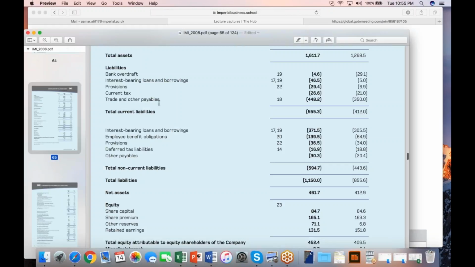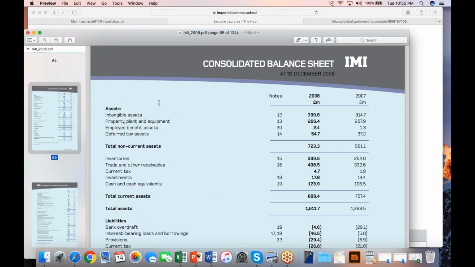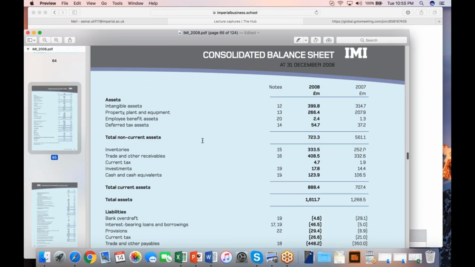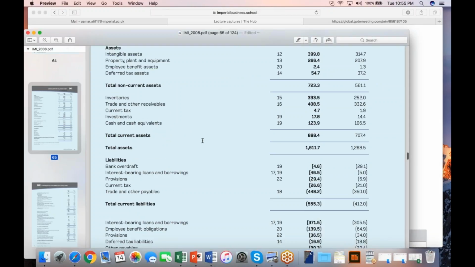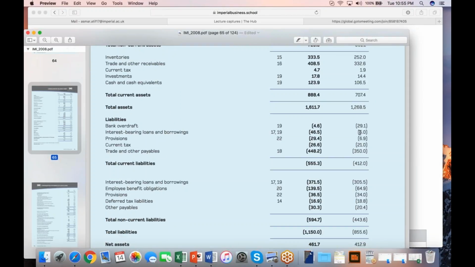Your ability to check the debt-to-equity ratio is whether you can pay your long-term borrowing or not, or whether you have enough equity to pay. So why are we taking short-term? She mentioned here that if you see the current liabilities in IMI, in 2007 it was only 5 million, and in 2008 it is 46.5 million.